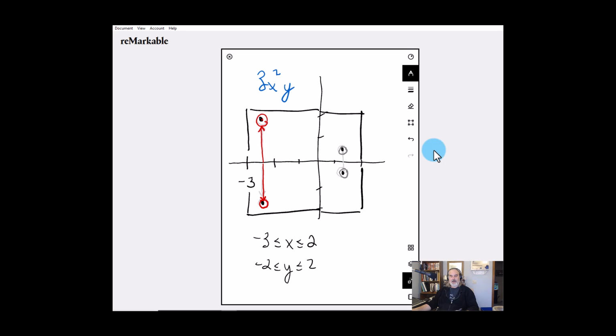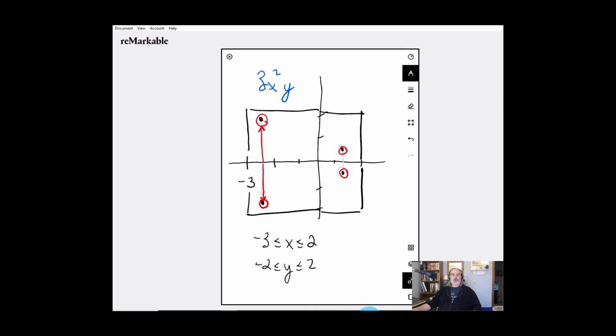Here's another pair where the contribution from one will exactly cancel the contribution from the other, because we've got an exact positive-negative match with the y coordinate. So for every x coordinate that we go through, every positive y has an exactly matching negative y. So all in all, we would expect the net contribution to 3x squared y from all of the points in this region to end up balancing out to 0.